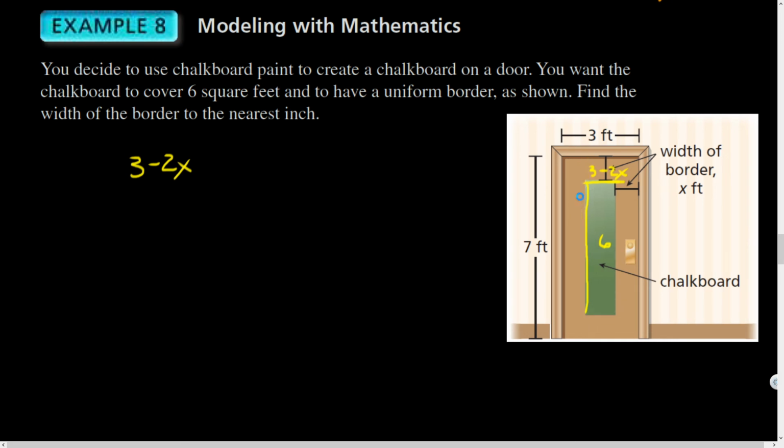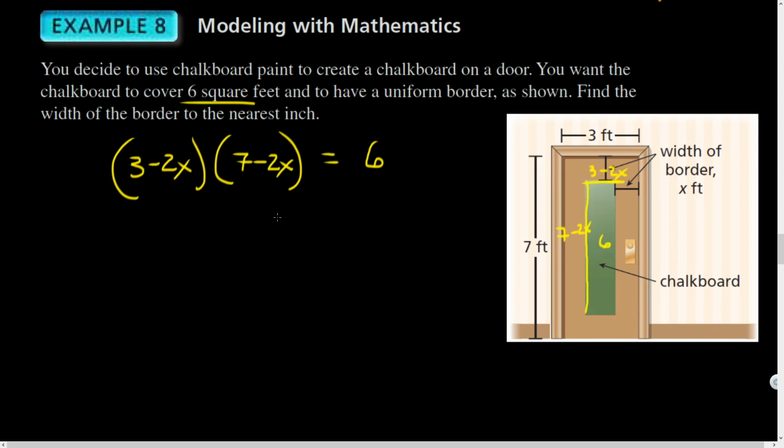And so if I take away both of those, this would have been 7 minus 2x. Those are the dimensions of the chalkboard. And if I want to find the area, I could multiply those things. And what do I want that area to be? To equal 6.